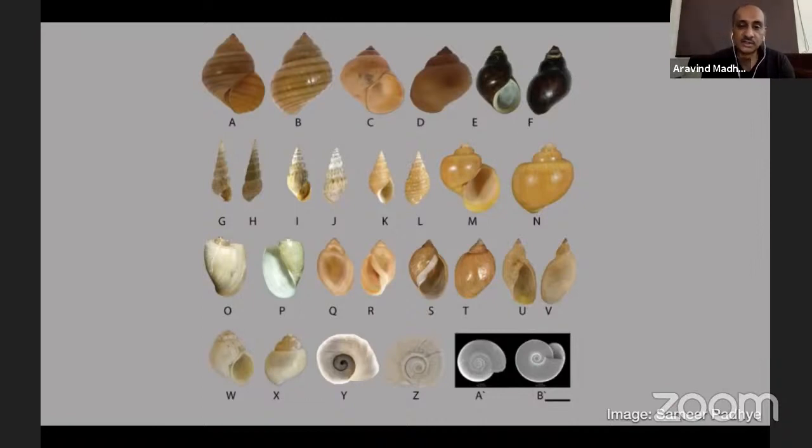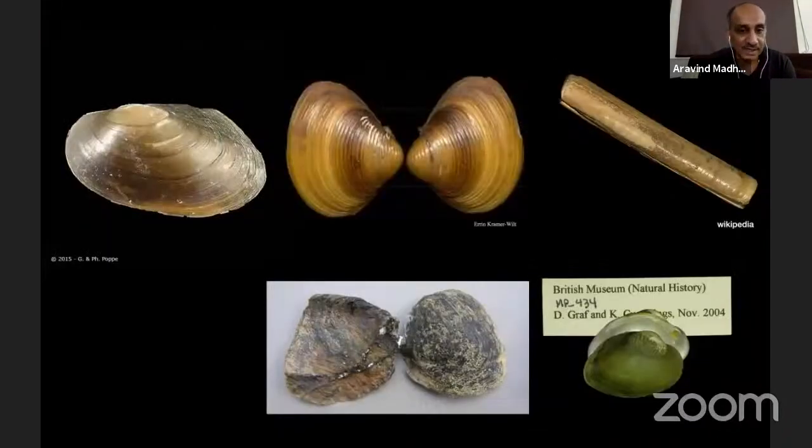You can see on the right side, with a black background, a small one of 2 or 3 millimeters called Hippeutis, found in the freshwater environment, up to an apple snail, which is as big as 10 centimeter. We have conical shaped, right-coiled, left-coiled, all sorts of shell shapes in the freshwater environment of the Western Ghats. And we also have clams of different shapes and sizes.